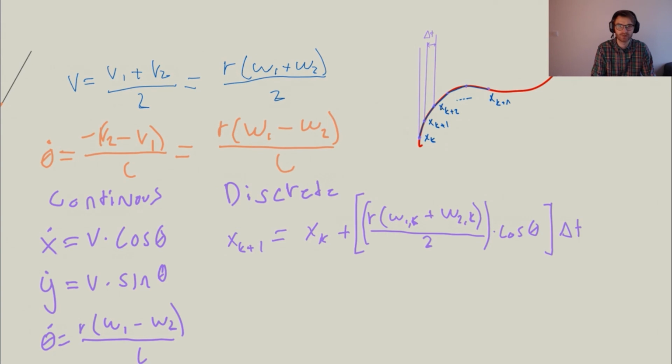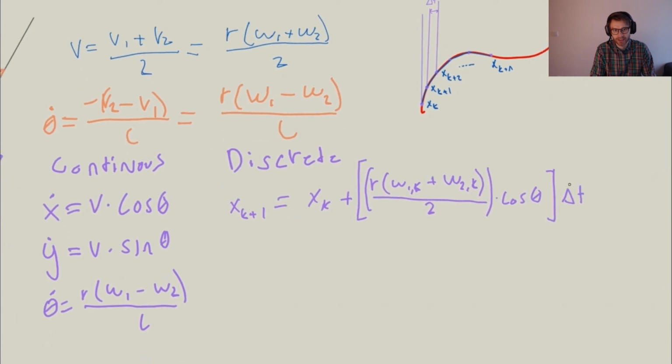It could be like 2 seconds or 1 second or 1 millisecond. It's sort of the weight of how much this equation adds to the original coordinate. So if it's a very small time interval, then this has smaller weight at that point, but then there will be many more steps to take.